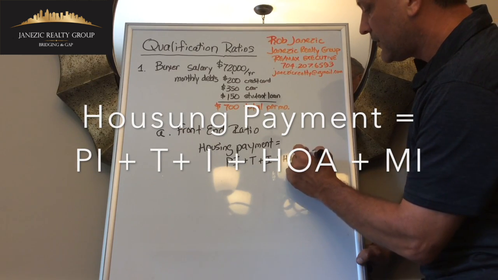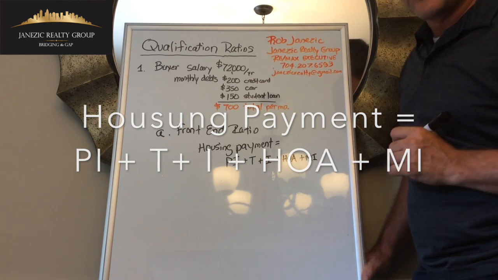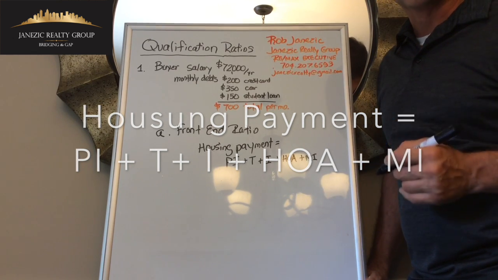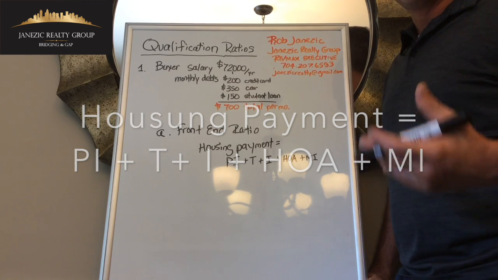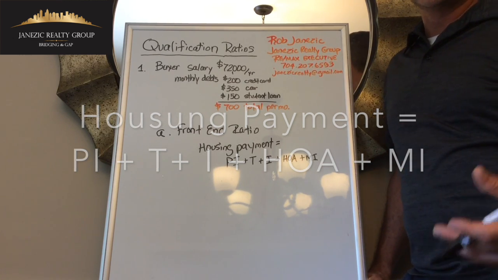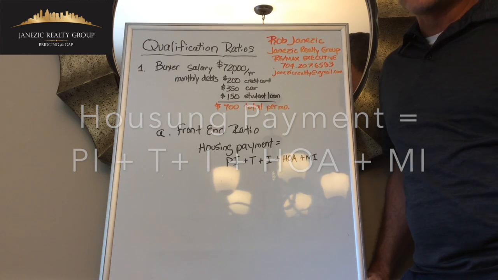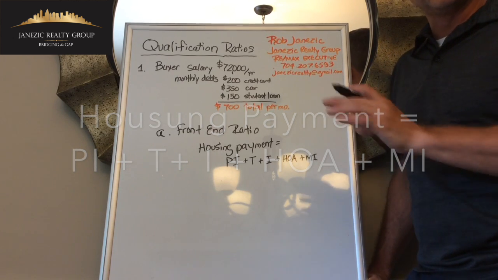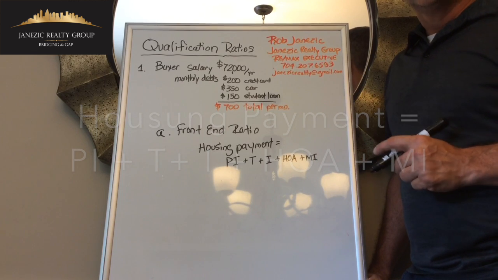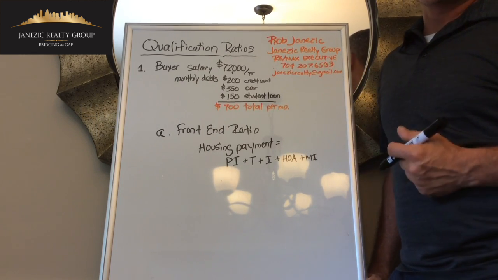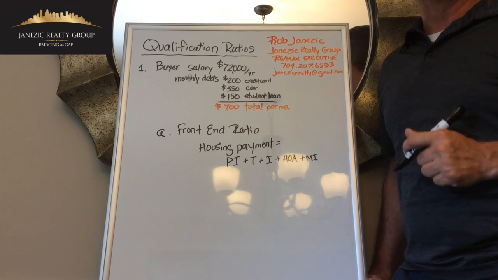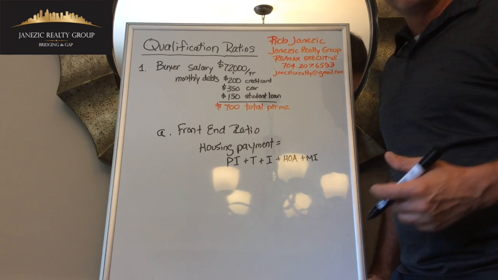And then finally, a monthly amount of mortgage insurance. Mortgage insurance is an amount of money that you pay to an independent insurance company that insures mortgages on behalf of lenders. Lenders, when you don't have enough money of your own in the transaction, 20% is the typical amount they want you to have vested.